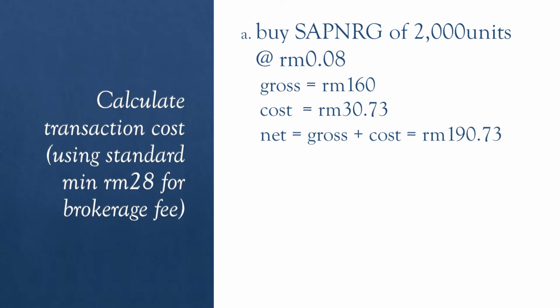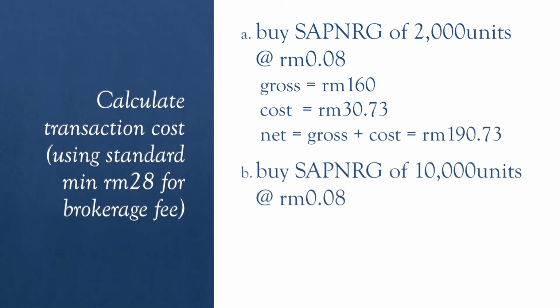Okay, the next example I'm going to show you is when you buy additional units, at larger, more units. Sapura Energy of 10,000 units at 8 sen juga. Harga yang sama tapi unit yang berbeza. Kita tengok gross bersamaan dengan RM800.